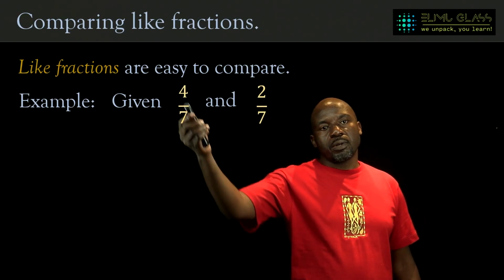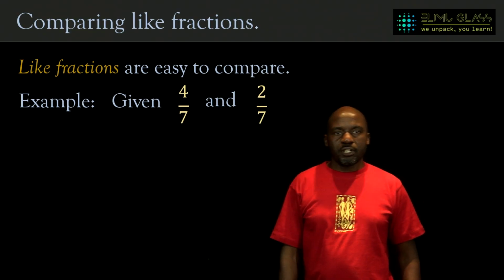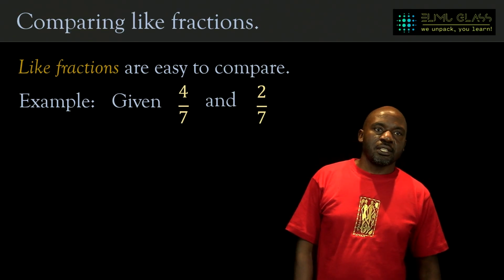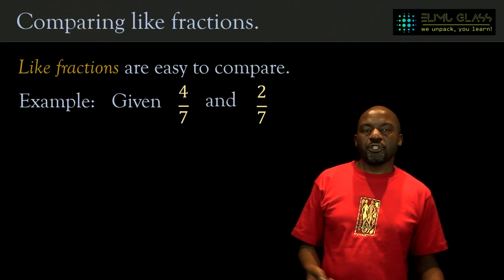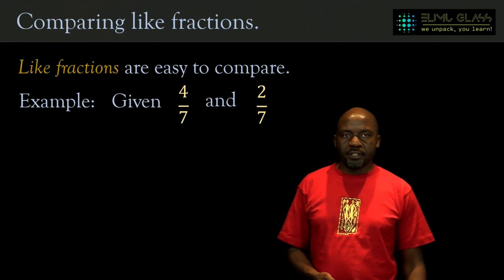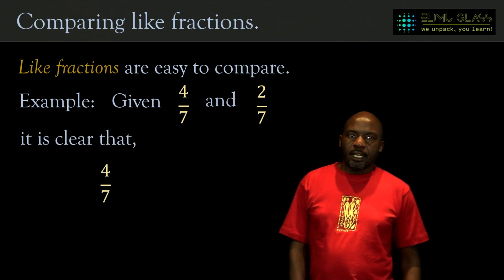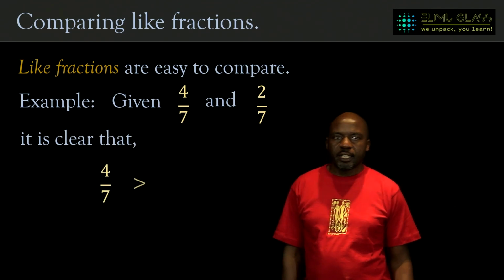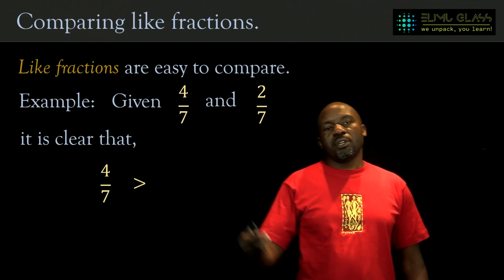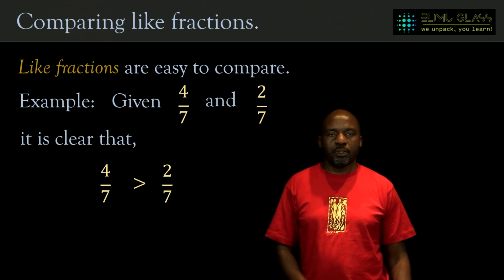All we need to do is look at the numerators, and we can see 4 is greater than 2, and for that reason 4 over 7 is greater than 2 over 7. So if the fractions are like, then comparing them becomes very, very easy. It is clear that 4 over 7 is greater than 2 over 7 because the numerator 4 is greater than the numerator 2 there.